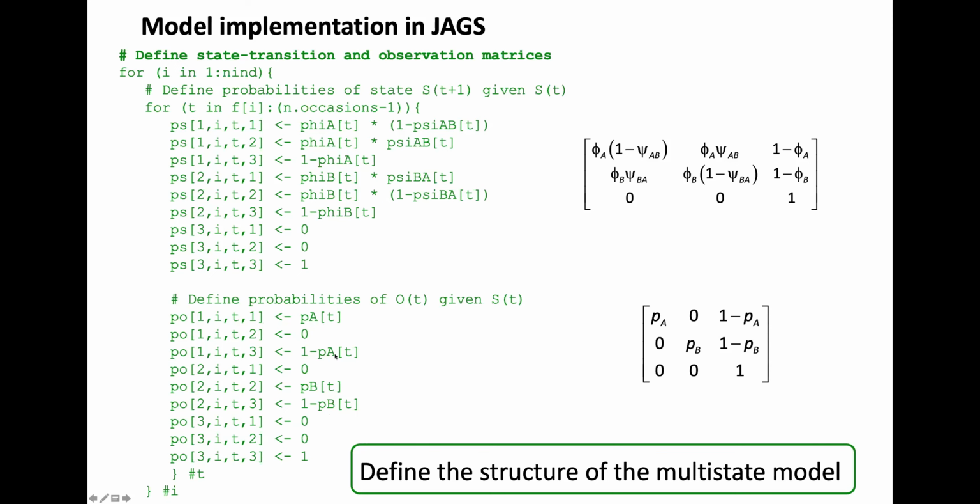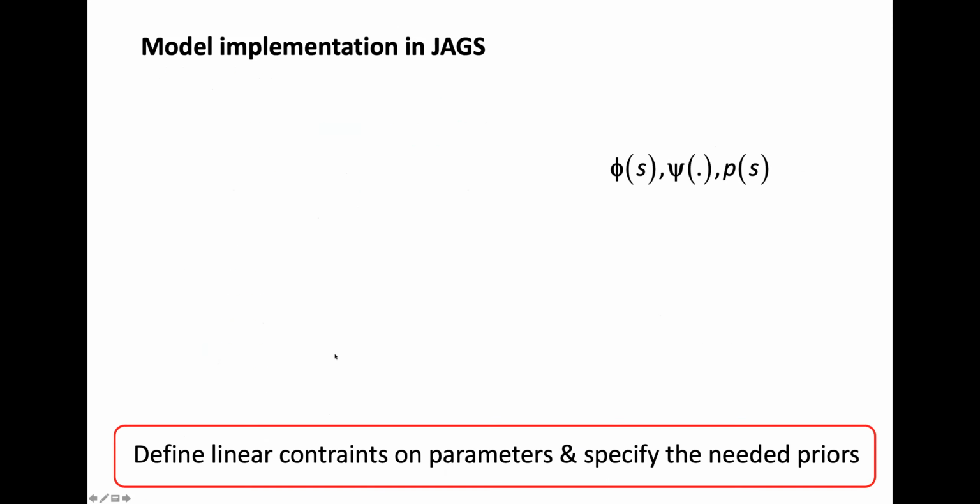Okay. And then from this very general model where your parameters are individual and time specific, let's say we want to have a model where survival is not constant anymore as in the Cormack-Jolly-Seber model, but state specific.